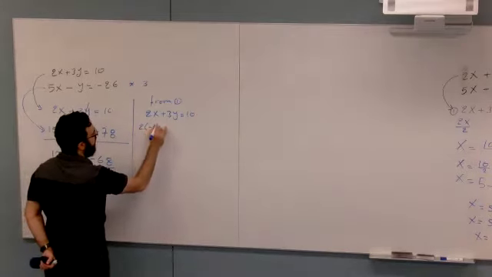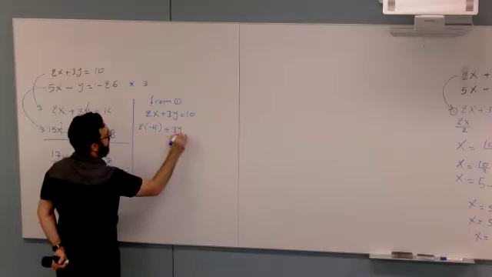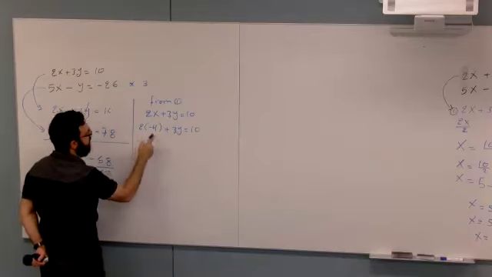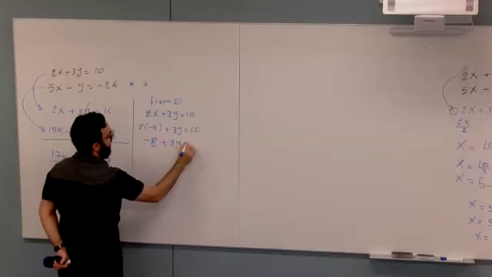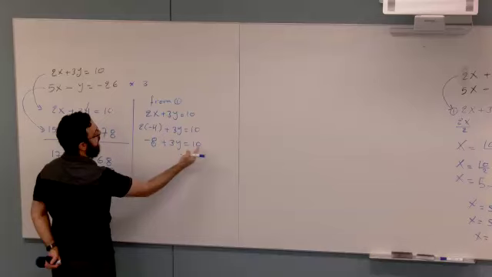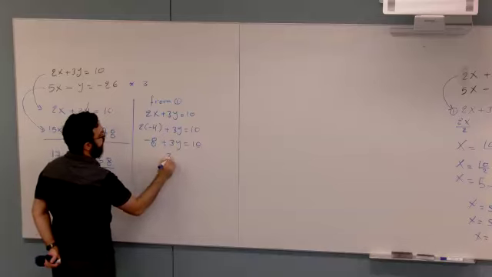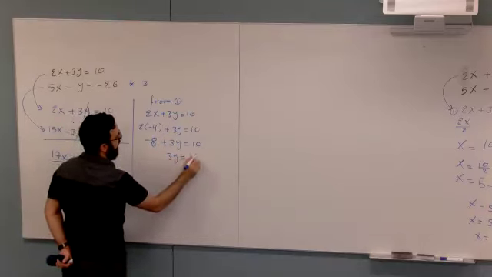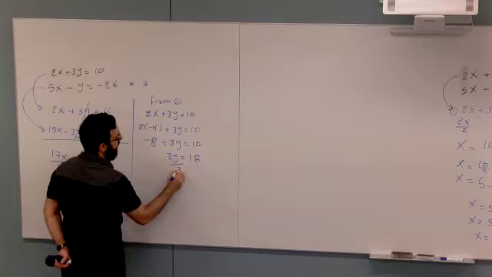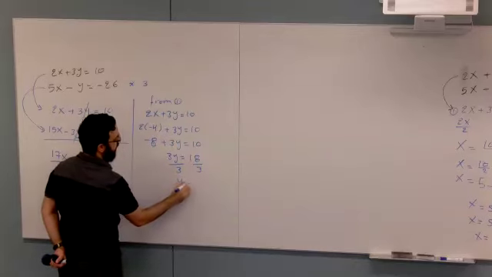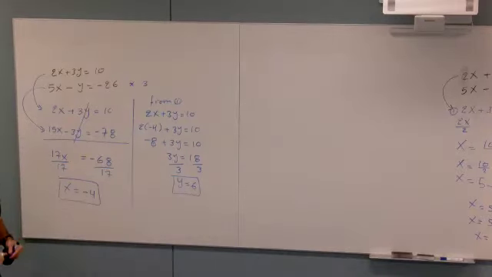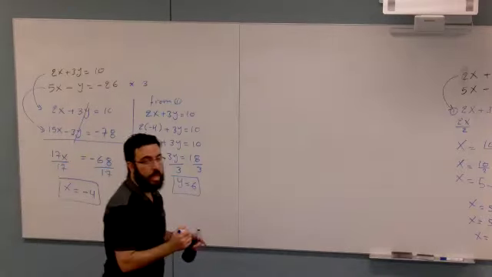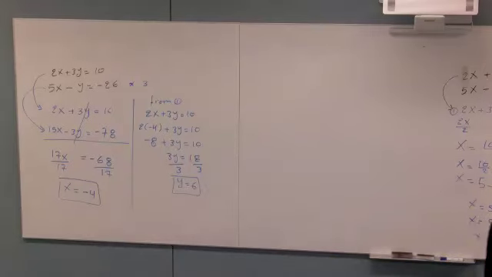So 2 times negative 4 plus 3y equals 10. 2 times negative 4, negative 8, plus 3y equals 10. Move negative 8 to the other side. So 3y equals what? 18. Divide by 3. How much is the value of y? 6. Is that okay? Now, which one do you prefer? It's up to you.